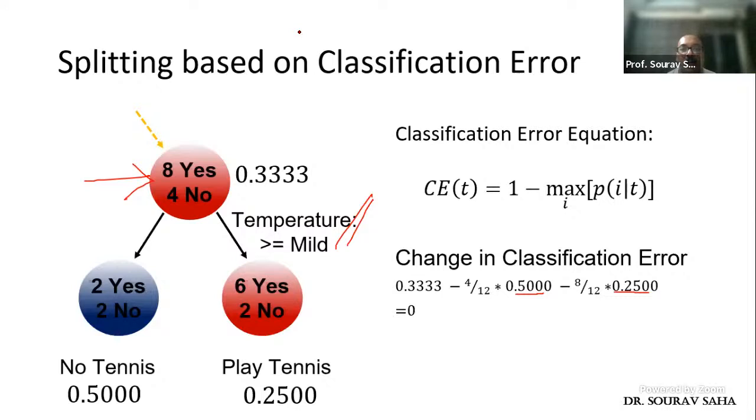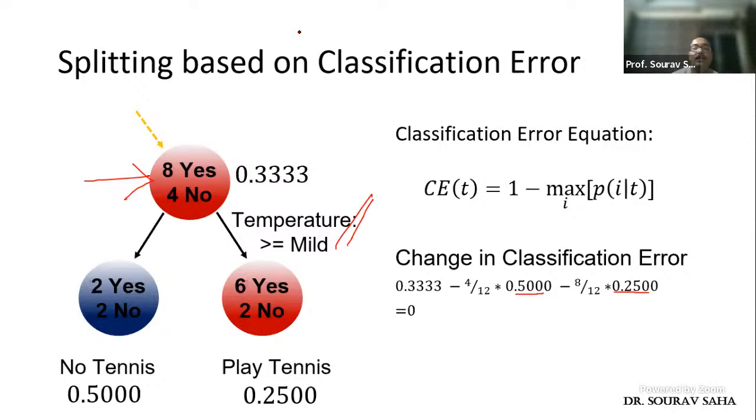So Vikas is asking, why does the equation assume 1 minus max? Does it assume that the classification error will be less? Could it also be 1 minus mean? No, Vikas, the classification error is determined by taking the maximum of these different impurity values, the maximum of that proportion.